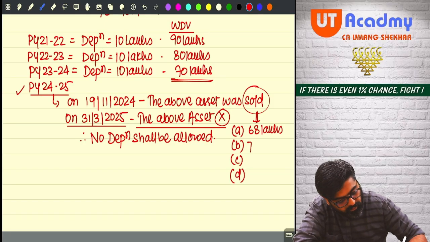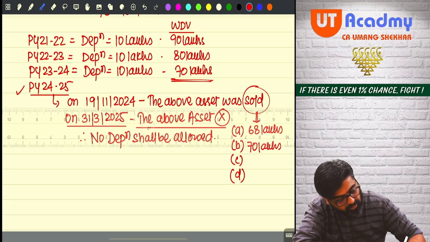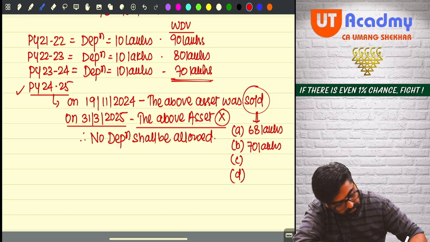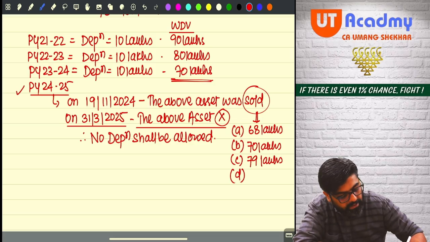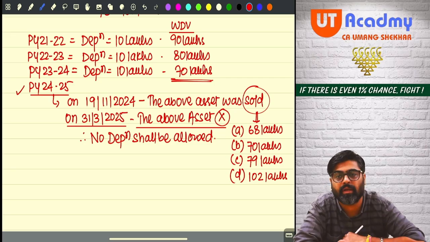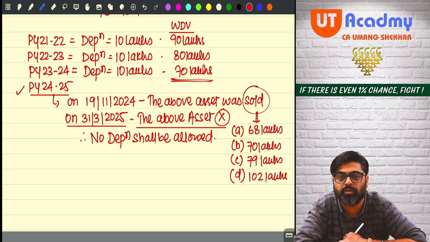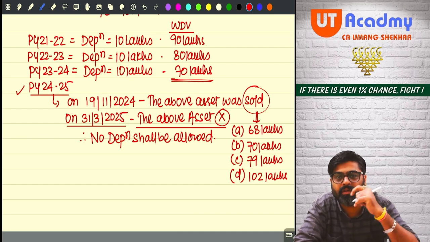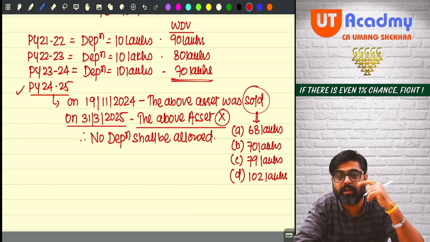Can it be sold for 70 lakhs exact? Yes. Can it be sold for 79 lakhs? Yes. Can it be sold for 102 lakhs? Yes. All the 4 possibilities I have taken. Sure. Now in this year, you will be calculating the profit or loss.